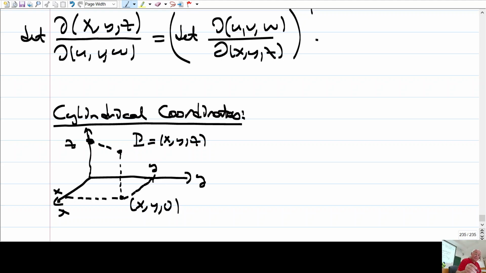What are the cylindrical coordinates? I consider the vector joining origin to the point, call its length r, and theta is the angle here measured from the positive x-axis to this vector rotating counterclockwise.